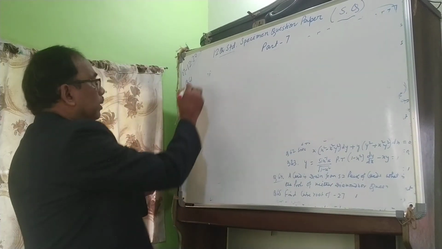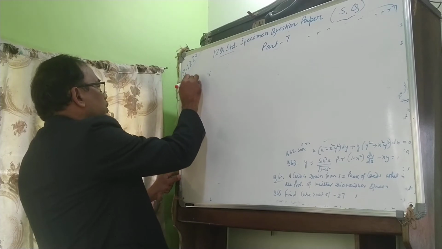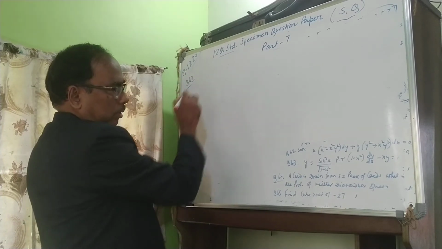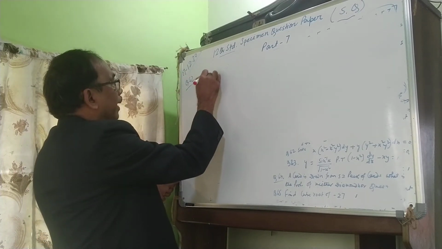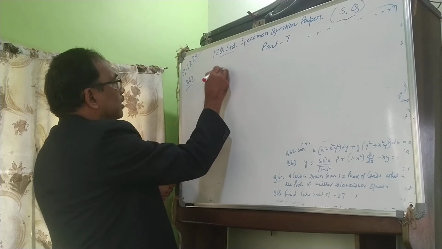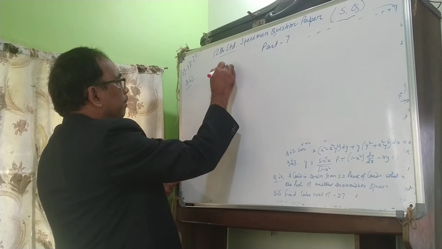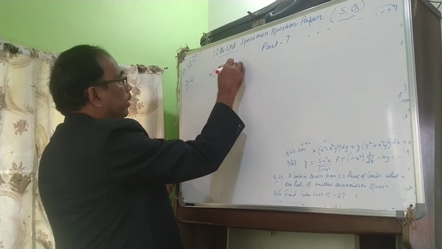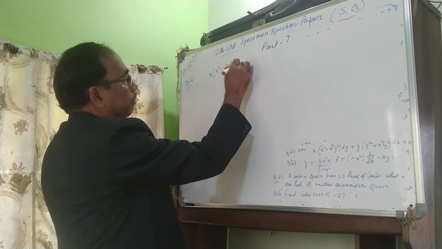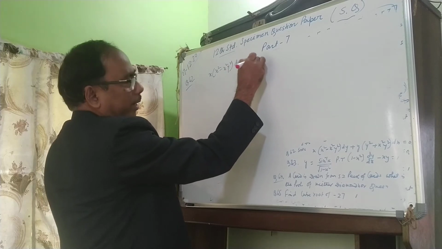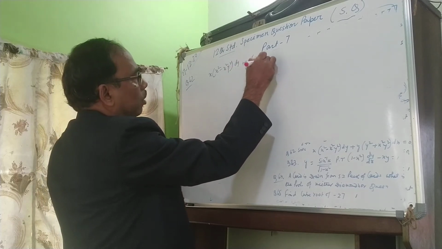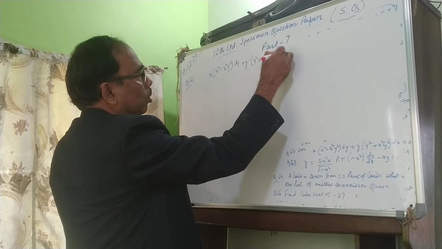Solve. Question number 62. (x square minus x square y square) dy plus y (y square plus x square y square) dx equals 0.